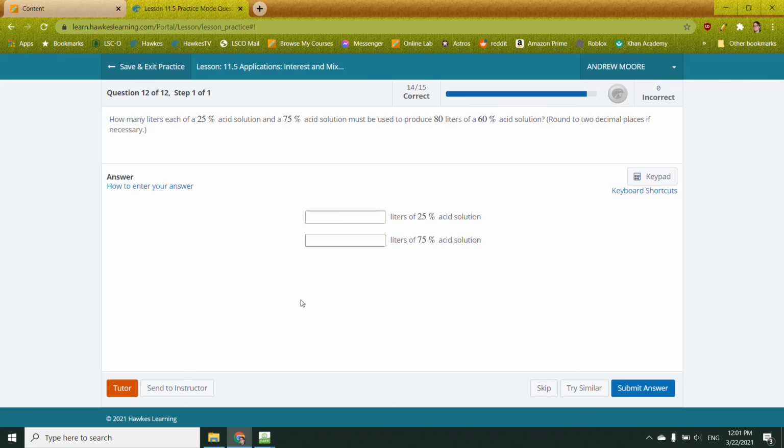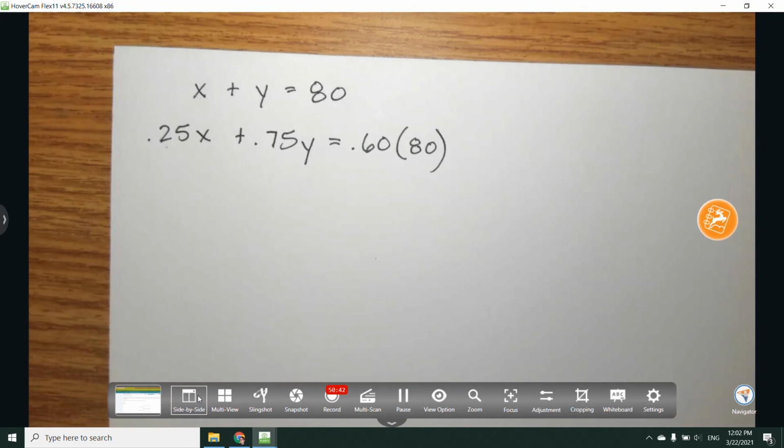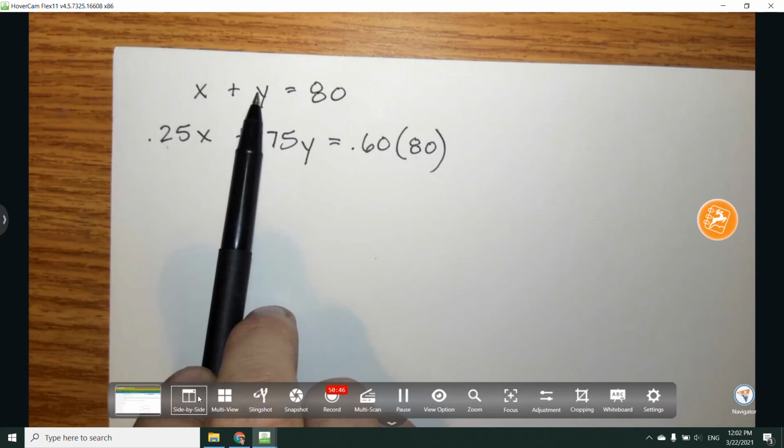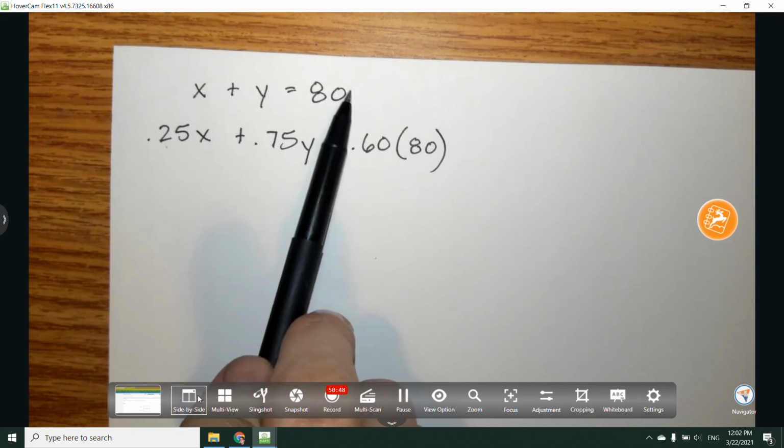How many liters of a 25% acid solution and a 75% acid solution must be used to produce 80 liters of a 60% acid solution? Round to 2 decimal places if necessary. So let's go ahead and multiply this 0.6 times the 80. Remember, this is adding our liters together. That's going to equal 80.